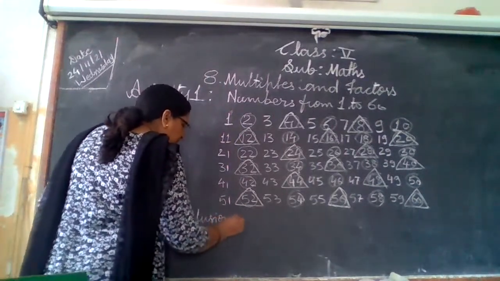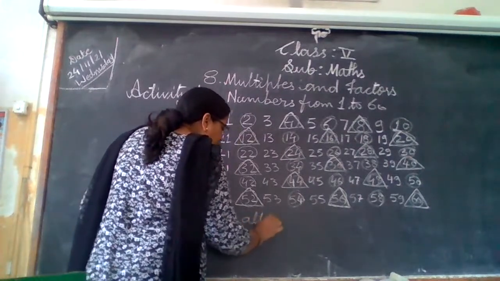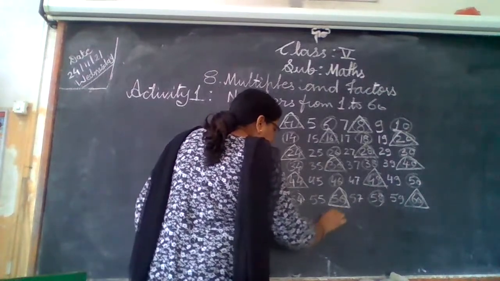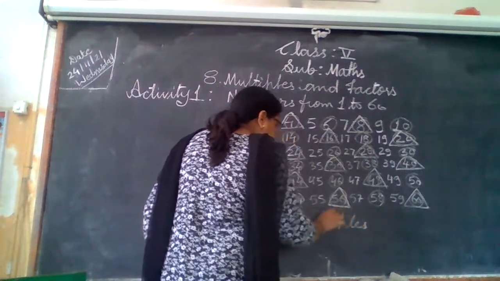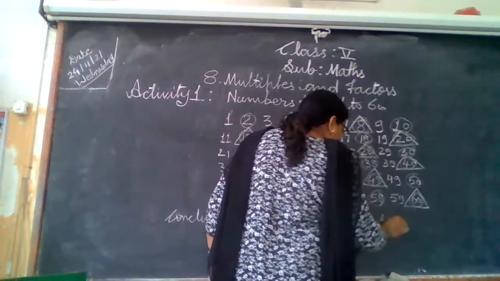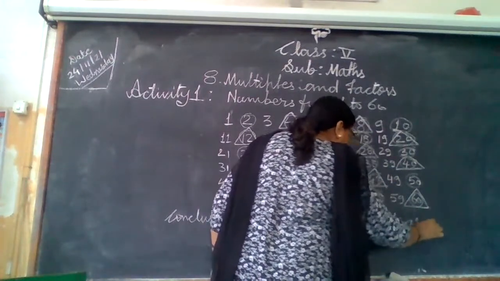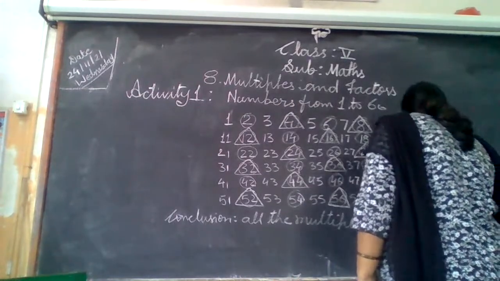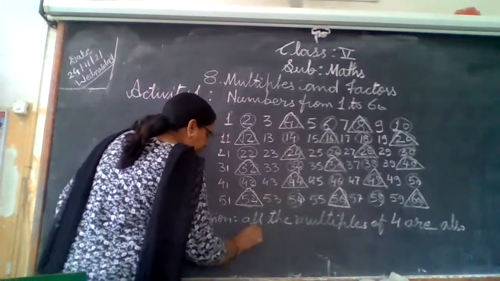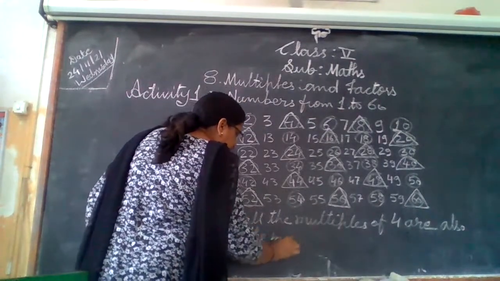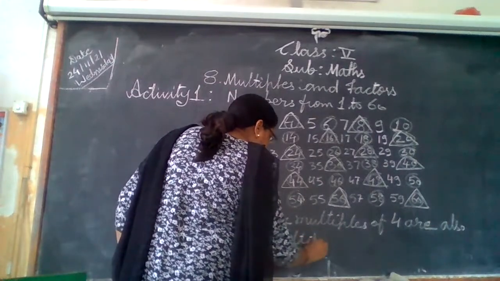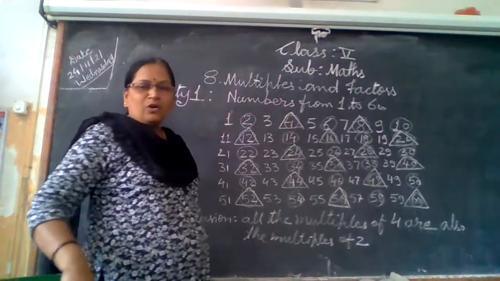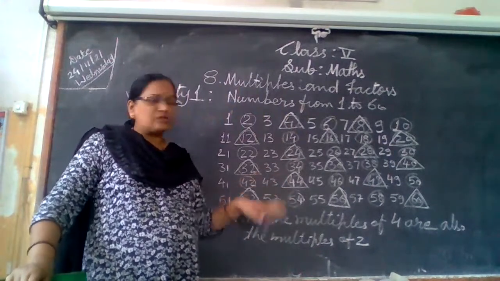All the multiples of 4 are multiples of 2, but not all the multiples of 2 are the multiples of 4.